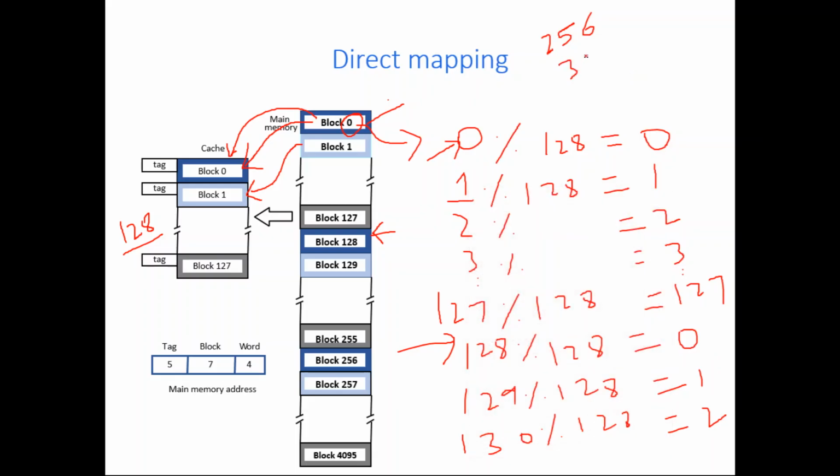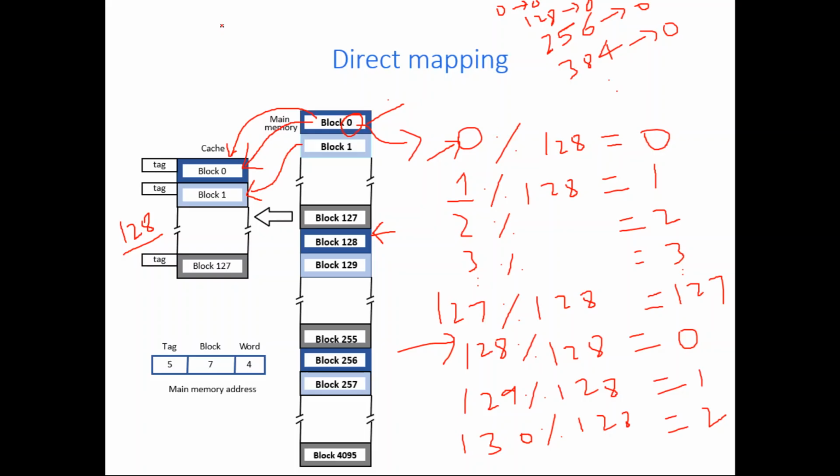So block 384, 128 into 4, all these blocks will map to which block? It will map to block 0. All these will map to block 0. 128 also maps to block 0. Are you getting? Block 0 also maps to block 0.